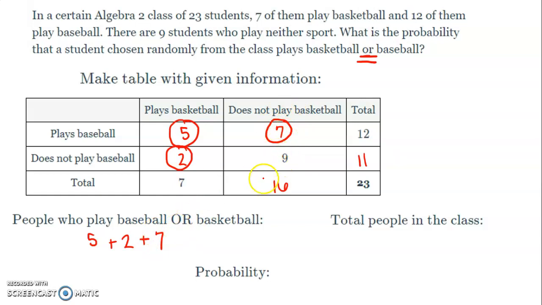So pretty much everybody except the 9 who play neither play basketball or baseball. Total people in the class, well, that's 23. Okay, given directly from the problem, or you can look at the total down here. So my probability is 14 out of 23, getting the 14 from adding all the people who play basketball or baseball.